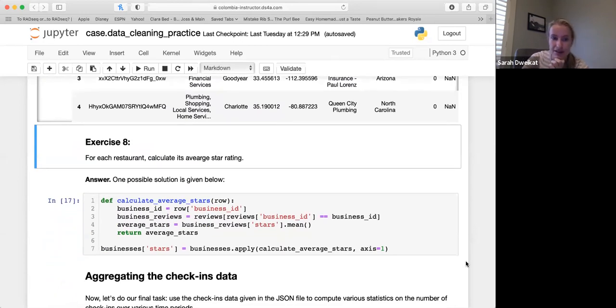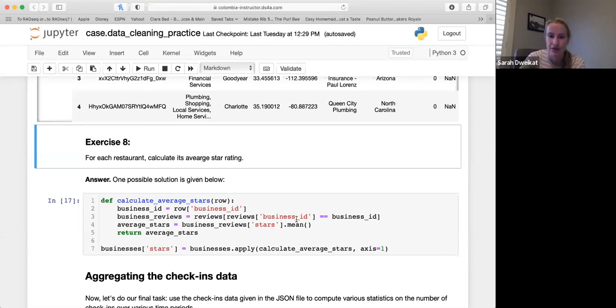For exercise 8, we are writing a function for our average stars. Again, we're using row as our argument, and we want to look at each independent business ID.